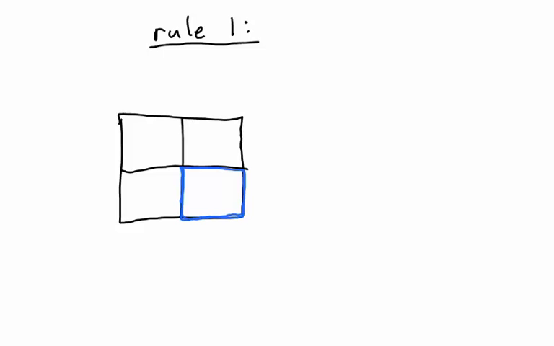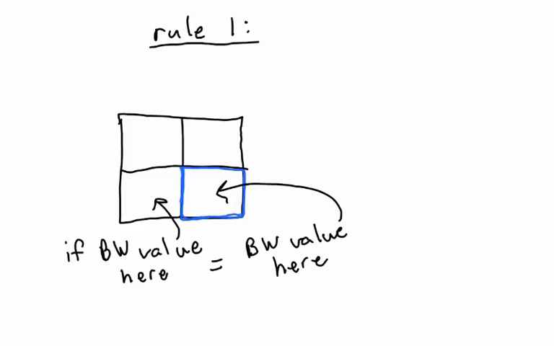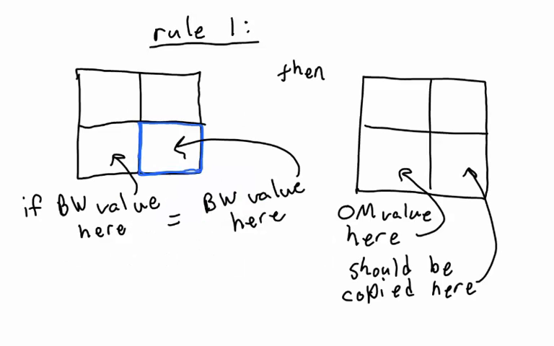Rule number 1 works like this. If the black-white value in the pixel to the left of the pixel we're trying to fill in is equal to the black-white value of the pixel we're trying to fill in, then we should take the object matrix value in the pixel to the left and duplicate that value in the pixel to the right.